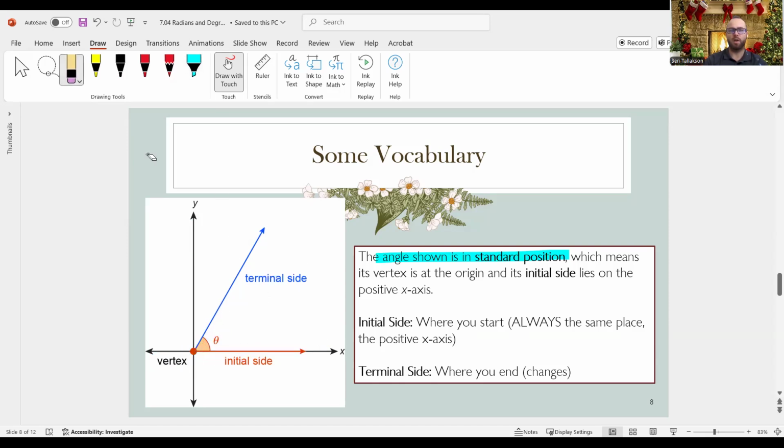In this case, it just so happens to stop right here. So what happens is you start at the initial side, you rotate around, and wherever that line stops, it's terminated. Done. It stops. And the angle, the interior central angle, is going to be right there.